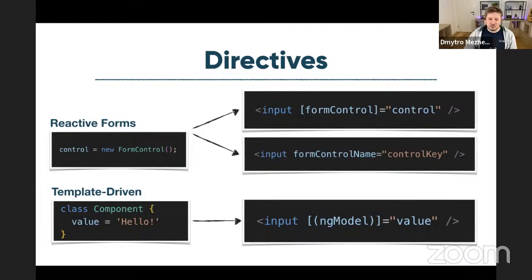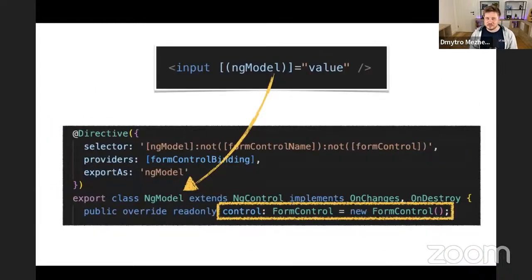However, if you have a look at the source code of ngModel, you will see the following line, where the ngModel directive explicitly creates the form control instance. So under the hood, it happens automatically. We don't do that manually, unlike with reactive forms, where we create them explicitly. Here, everything happens automatically under the hood.